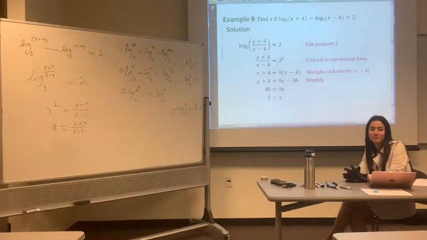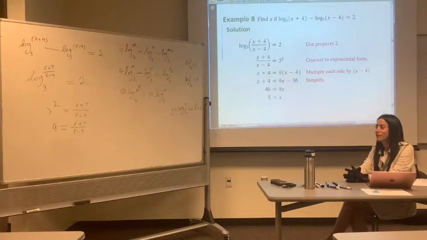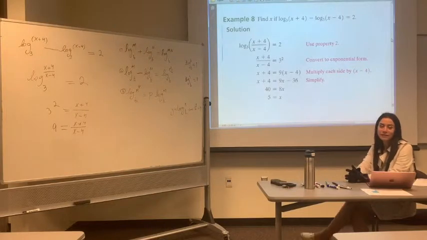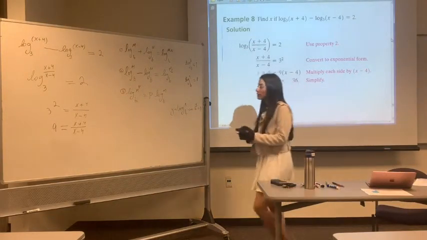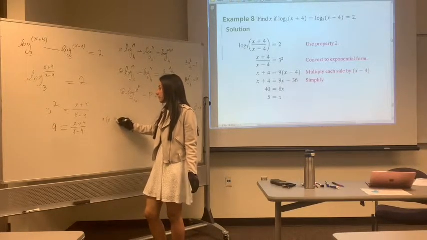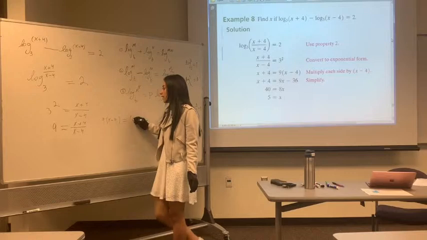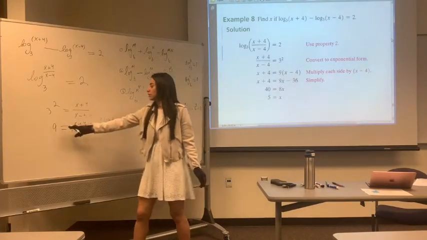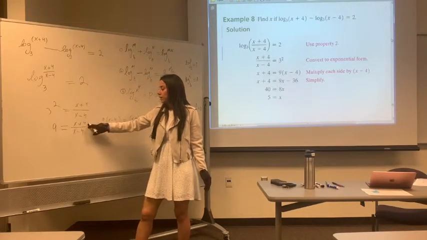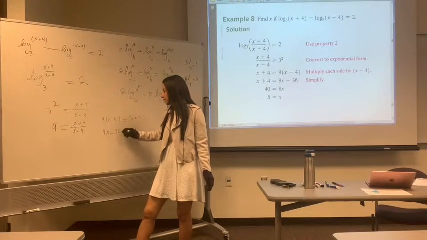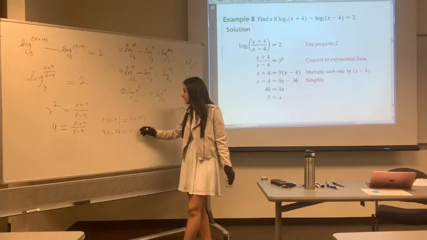x is equal to 5. 5 plus 4 is 9. 5 minus 4 is 1. Right? So we will say 9 multiplied by x minus 4 is equal to x plus 4. So 9x minus 36 gives us x plus 4.